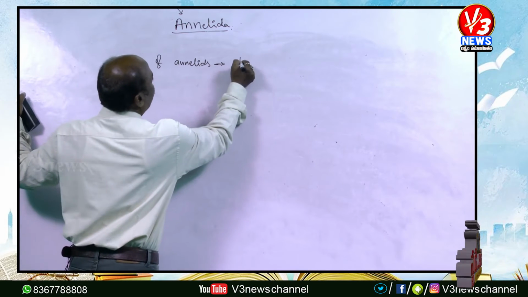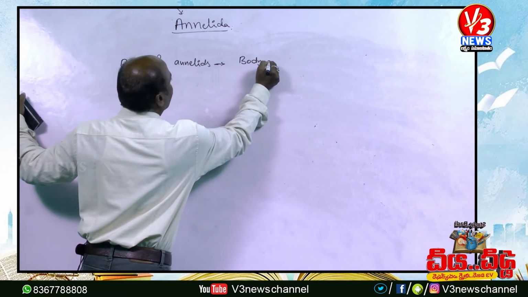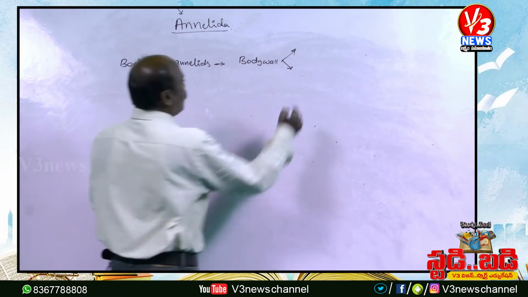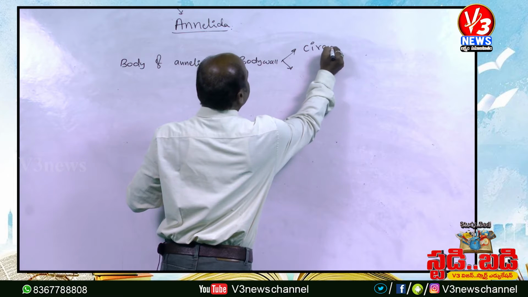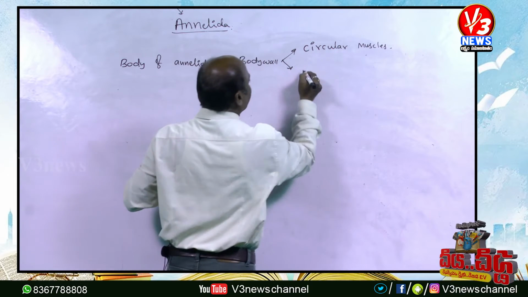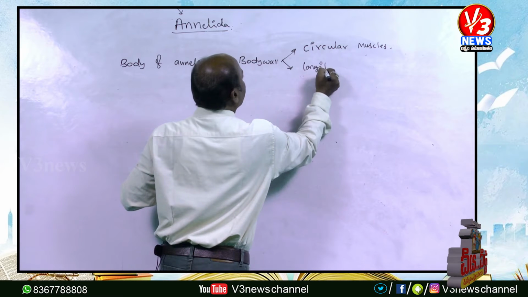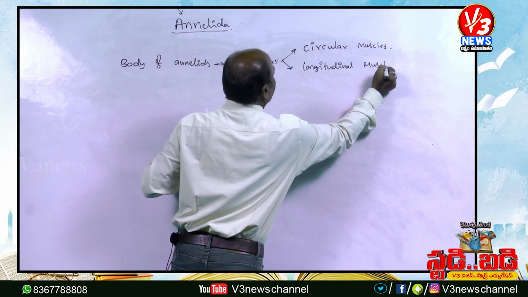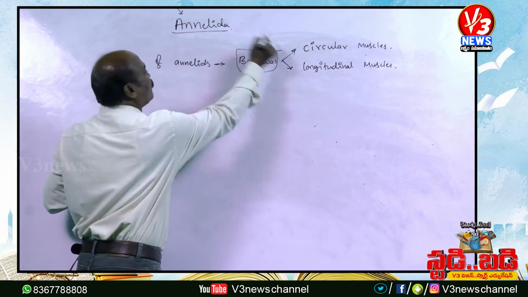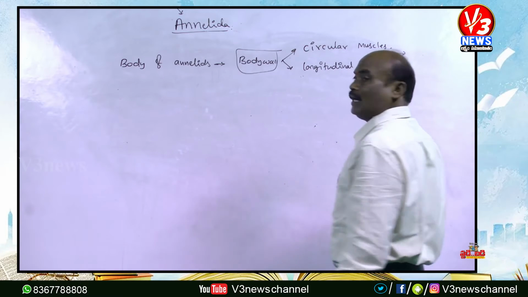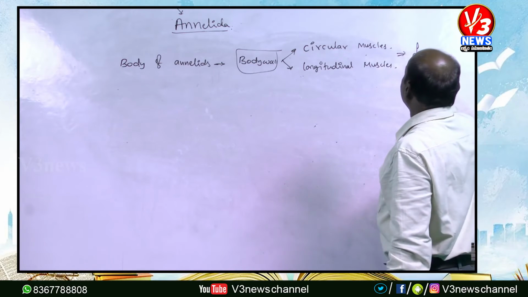The body wall has circular muscles and longitudinal muscles. These two types of muscles help in locomotion.